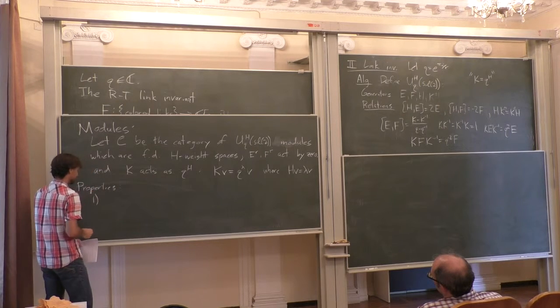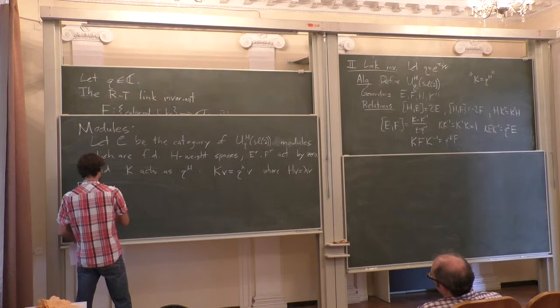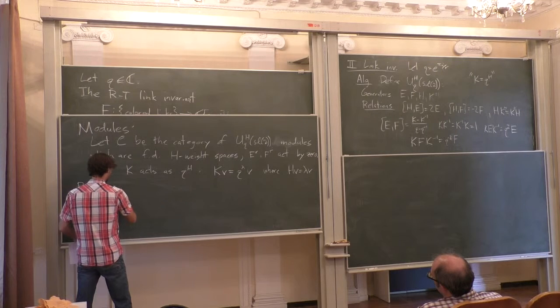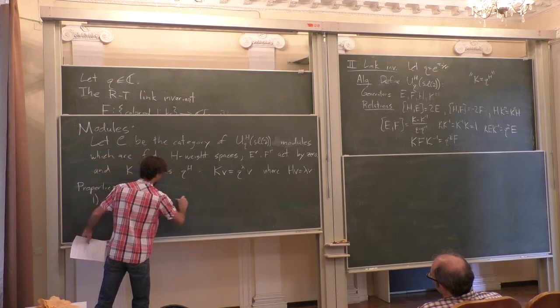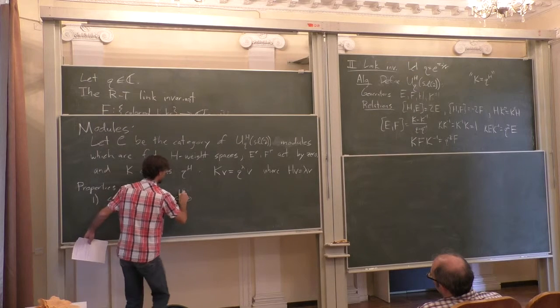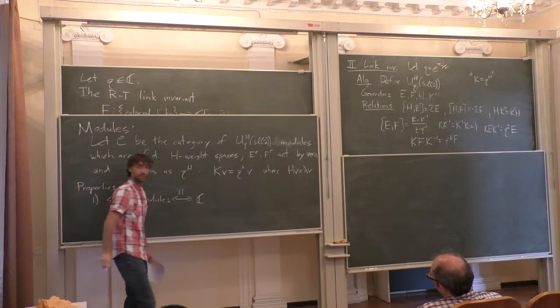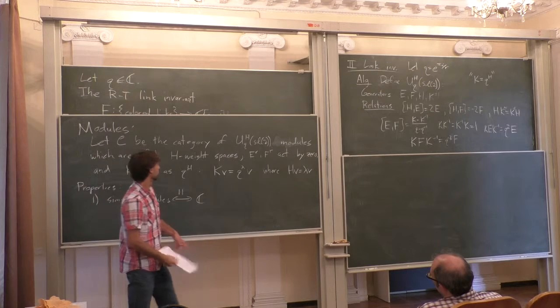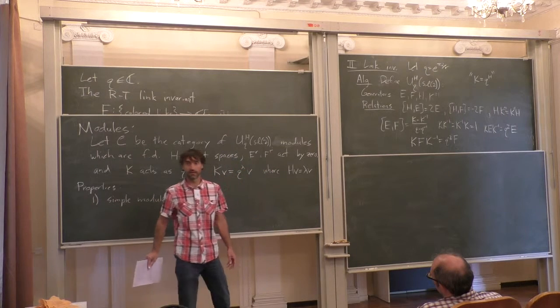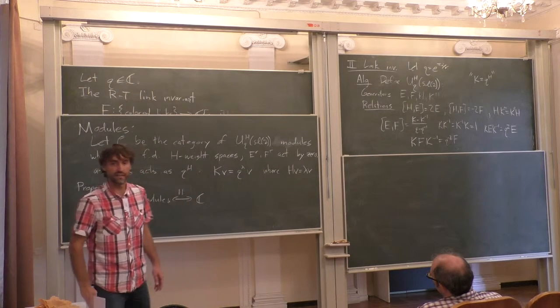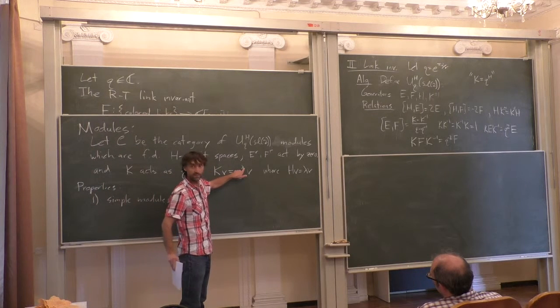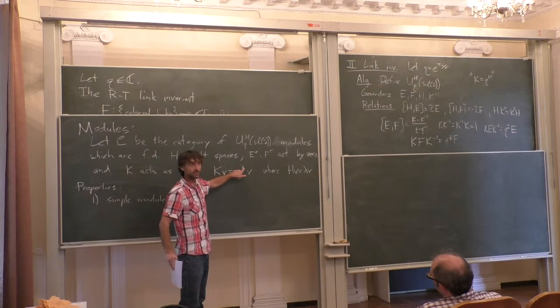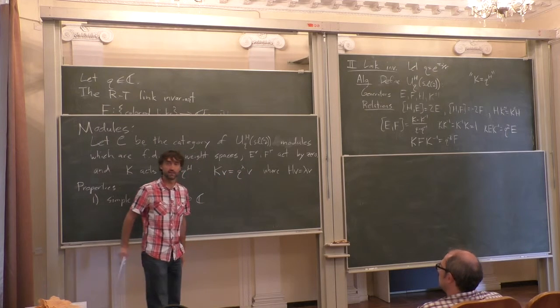So first, simple modules are in one-to-one correspondence with complex numbers. So there's one for each highest weight. When I make these act by 0, then I get highest weight modules. And there's exactly one for each complex number, exactly one highest weight module of that weight, and it's simple.